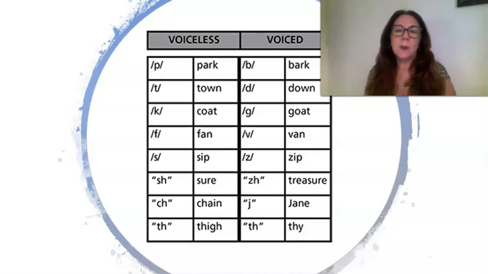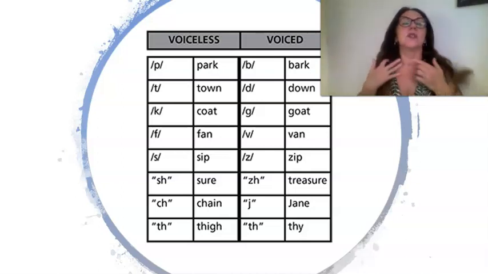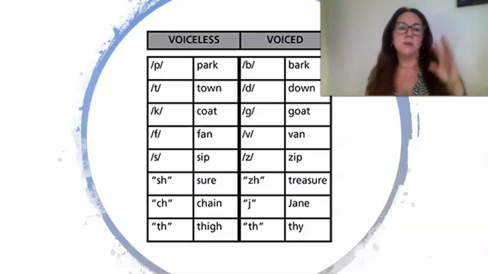When I produce P, as in park, I am producing a voiceless sound. What does that mean? It means that the vocal cords, las cuerdas vocales, do not move, do not vibrate when I produce the sound.